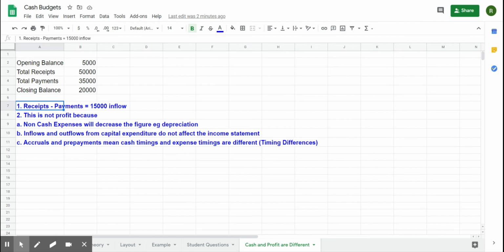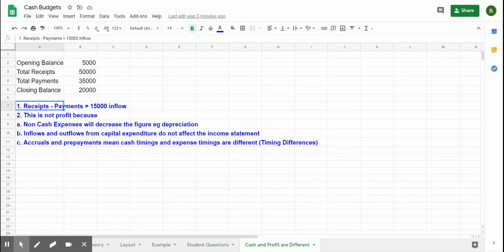The three big reasons behind that are, first of all, our cash budget only looks at our projected cash inflows and outflows. It doesn't consider those non-cash expenses that we've already covered in the courses that I've taught, things like depreciation.